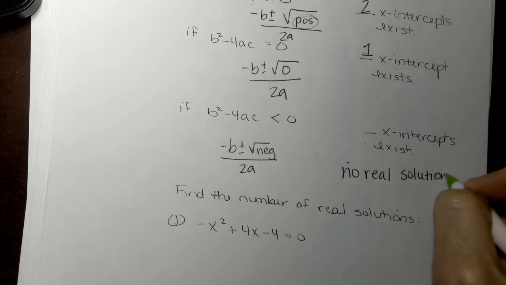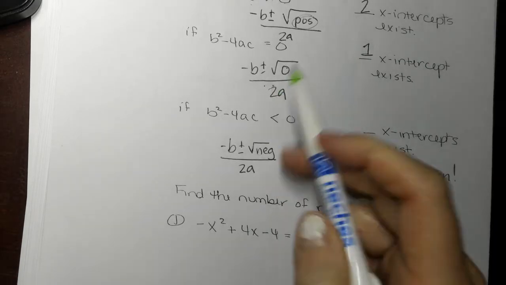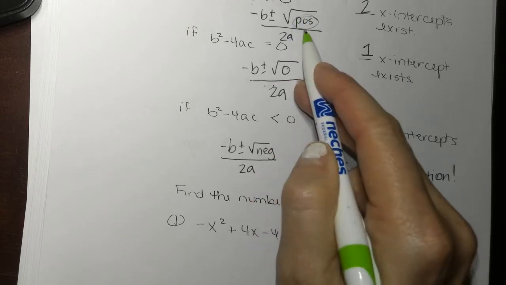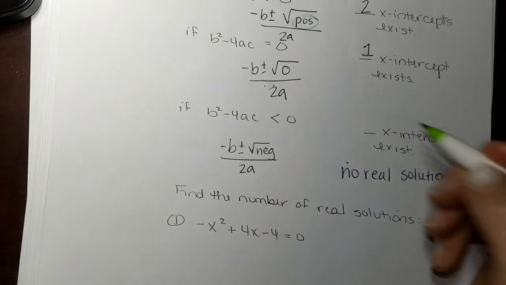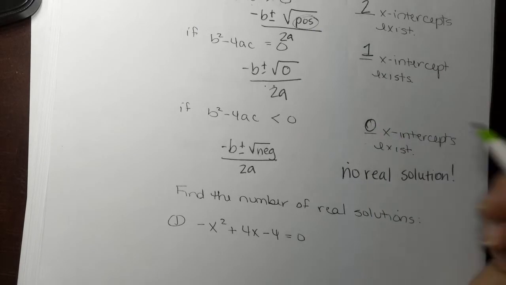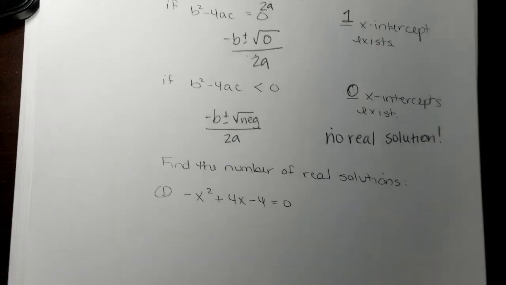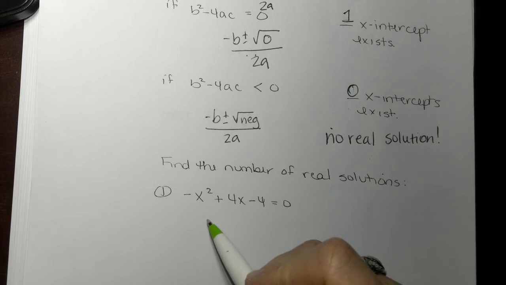We haven't had that yet. All we've had is this up here. Everything has always been positive when you simplify inside the square root. So this would be 0 x-intercepts exist, because you can't have a negative square root.